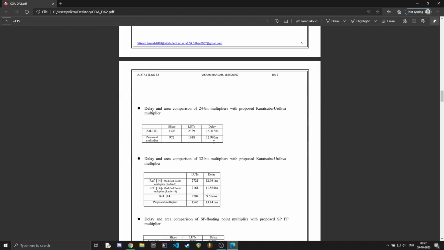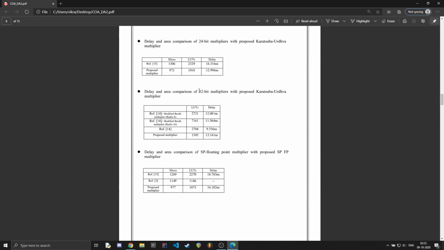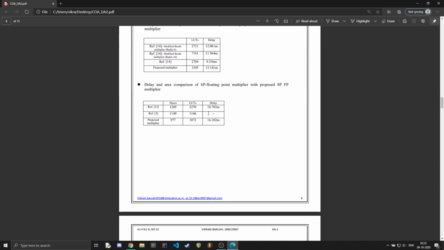Then for the 24-bit multiplier, the difference increases even further as compared to the 16-bit multiplier. And similarly for 32-bit, so as the bit size keeps increasing, the delay keeps decreasing, but the difference keeps increasing between the different bit sizes.